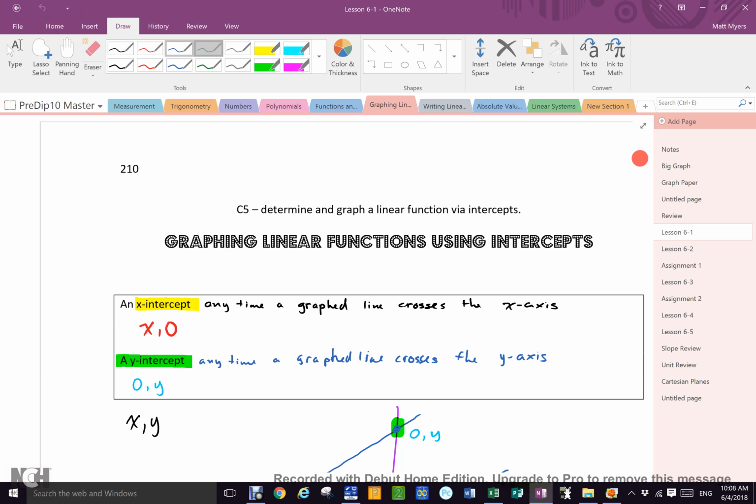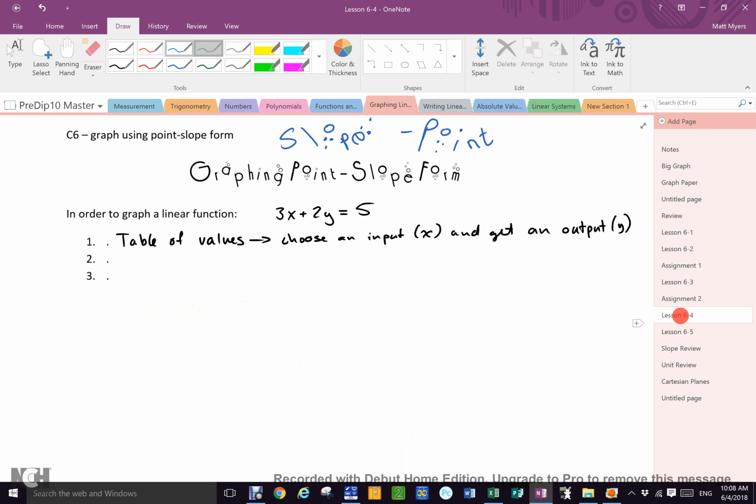Using intercepts. Nice job. You weren't even here in the 9th grade. No, but I found out over the weekend that's what we did in grade 8. Sadly, I can't remember any of it. X and Y intercepts. X, 0, 0, Y.